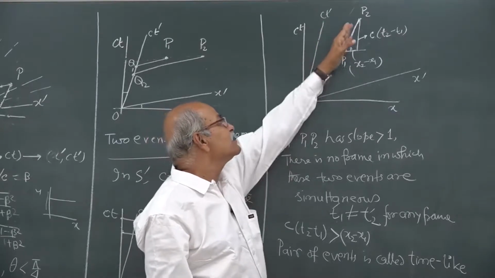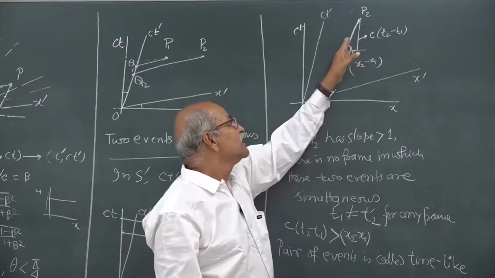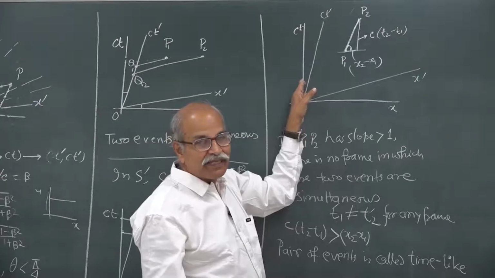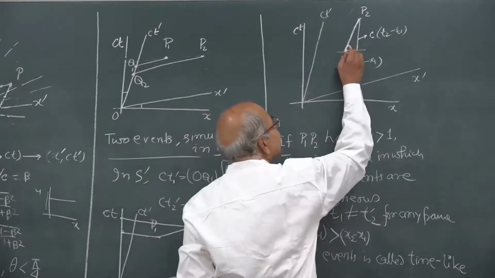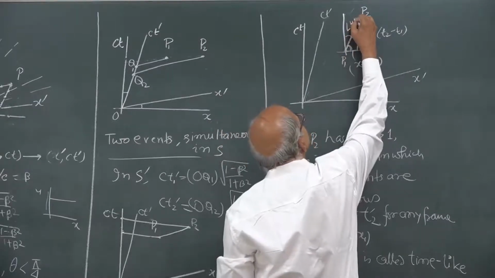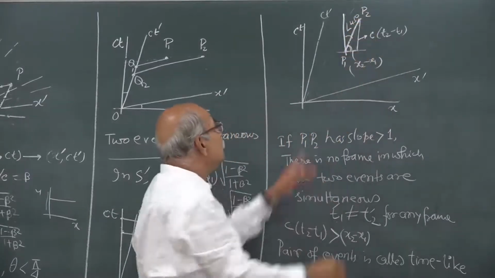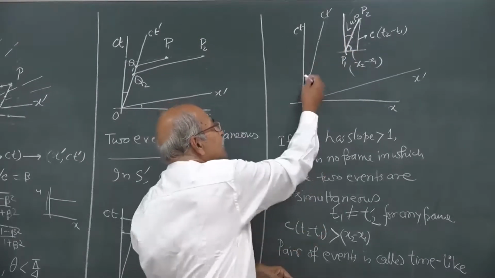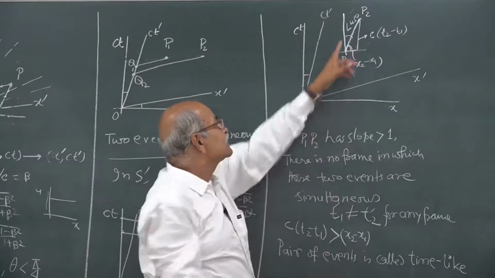So, x prime for this will be same if this line is parallel to CT prime, and that is always possible, because if this is greater than 45 degrees, this is less than 45 degrees.